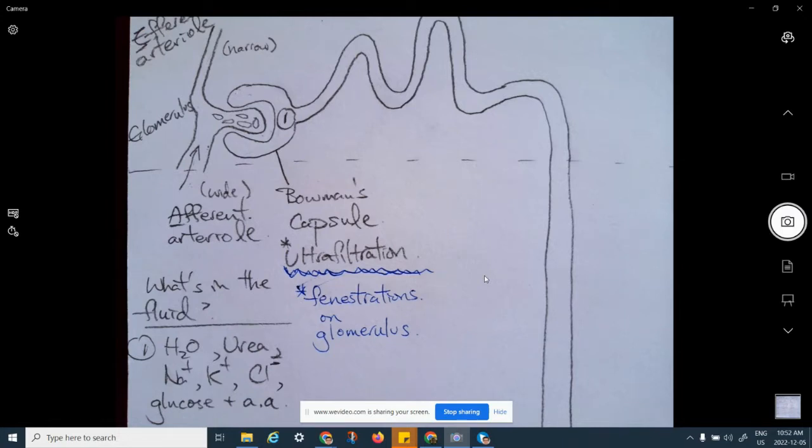Something you can't read? Glomerulus. Let's see if I can write it better. Glomerulus.